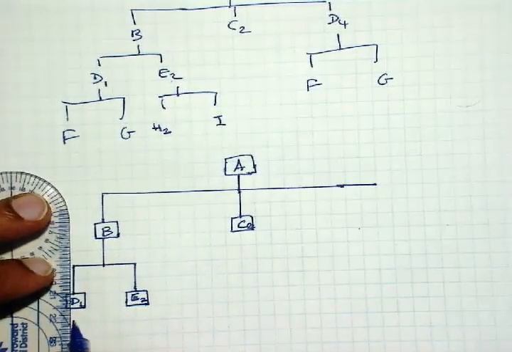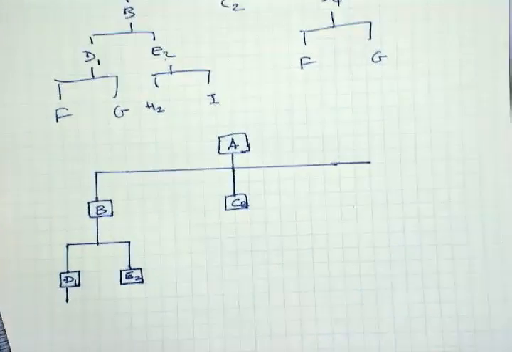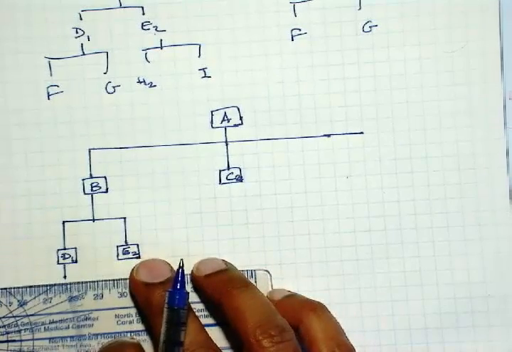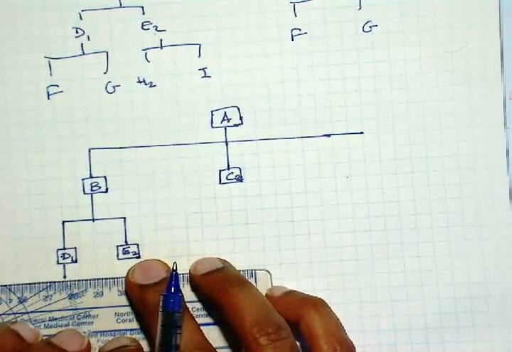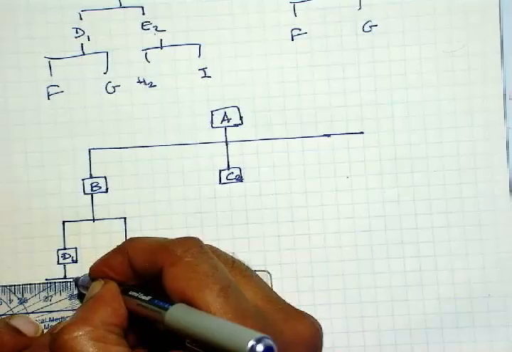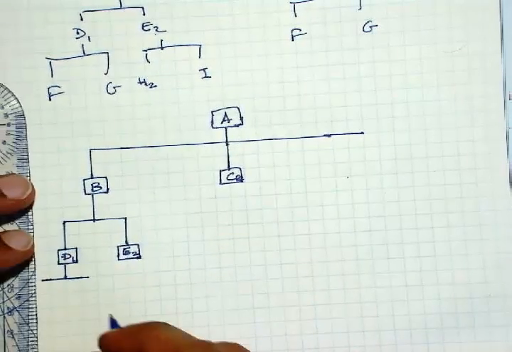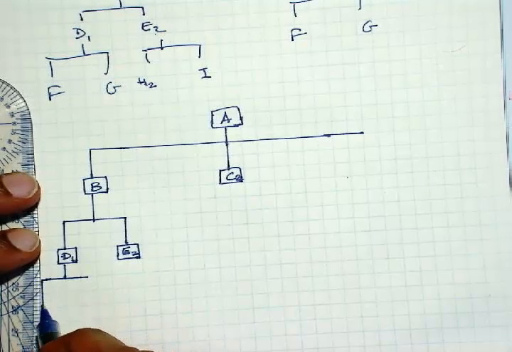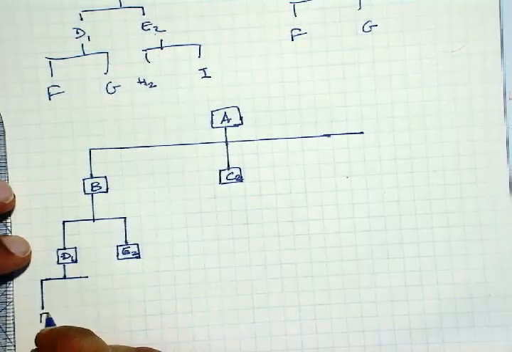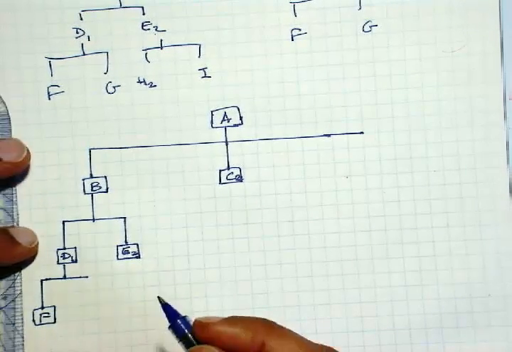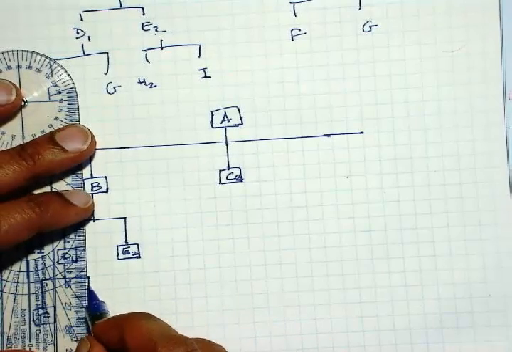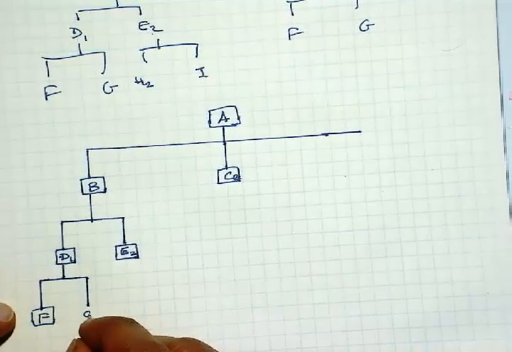Now below D, we have F and G, so we need F and G, one of each.